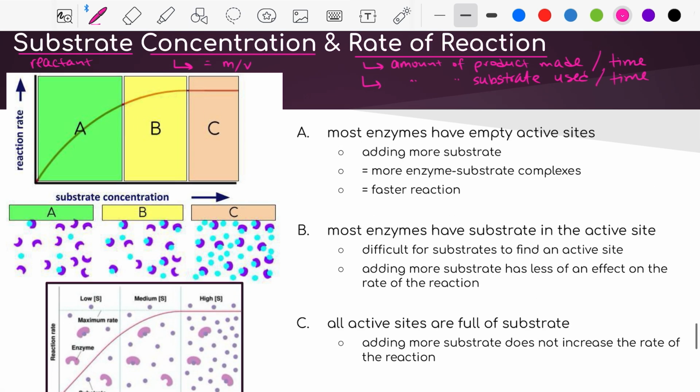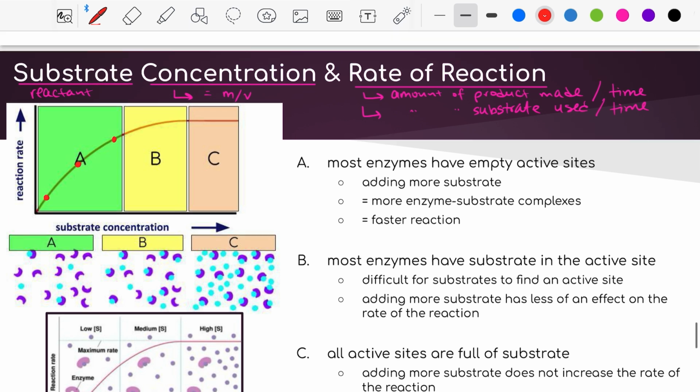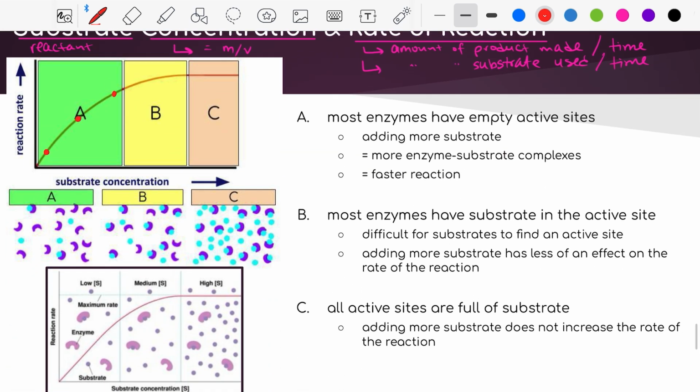Okay, now what happens is that when we're looking at this graph here, this isn't one reaction, this is many reactions that are graphed with a line. So let's put in some data points here. Let's say that we tried the chemical reaction here with this much substrate concentration, then we tried it again with this much concentration, then again, and again, and again.